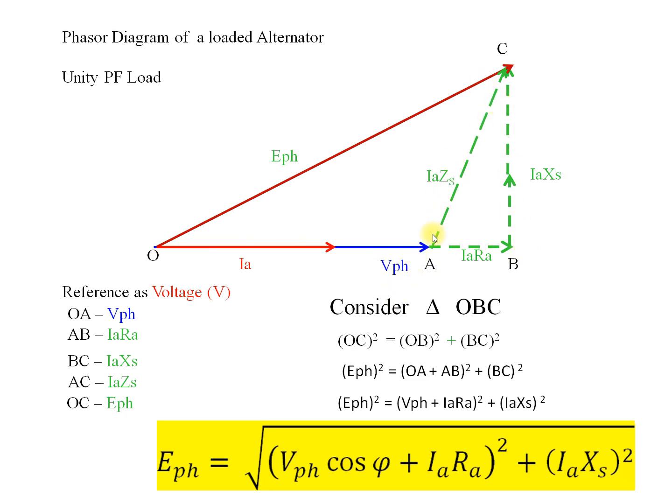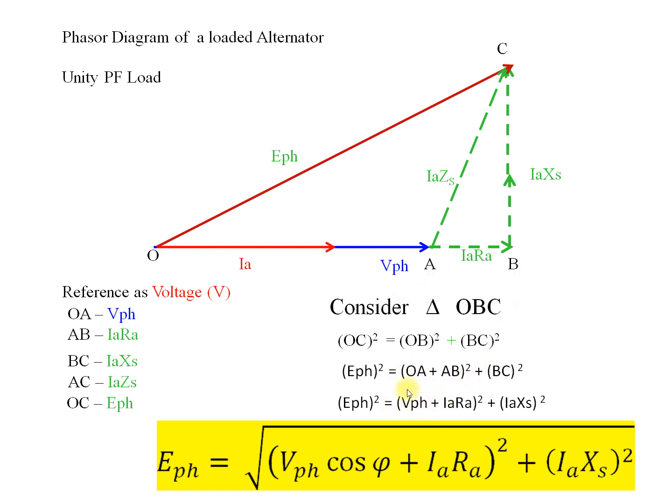If you add these two vectorially, we get the IA ZS value. If we add this V phase with this IA ZS, then we get the generated voltage. From the triangle OBC, if you want to find OC square, it is OB square plus BC square. So what is OB? It is OA plus AB, the whole square.